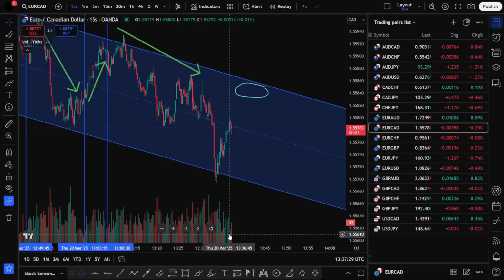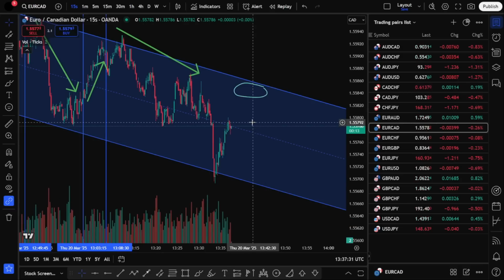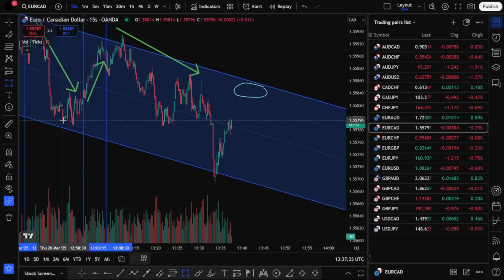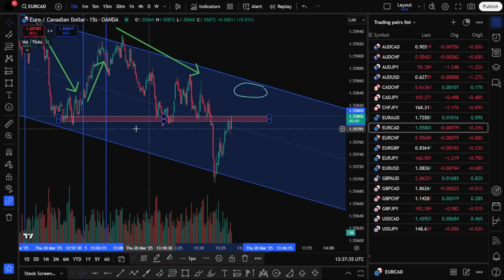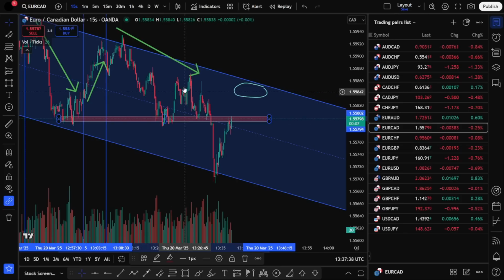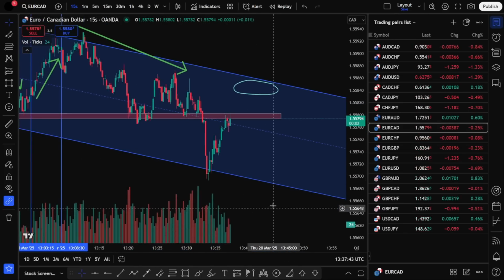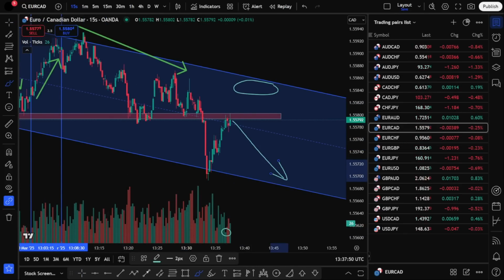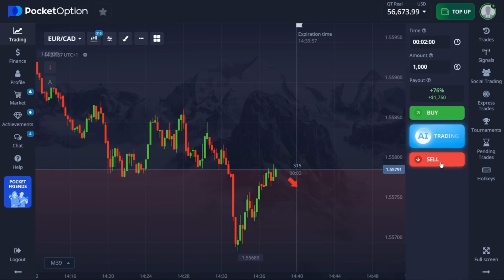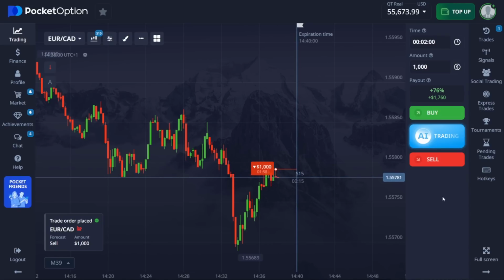And here it is. Volume just dropped and price touched resistance. This level has been strong resistance several times. Perfect timing. Let's go down.